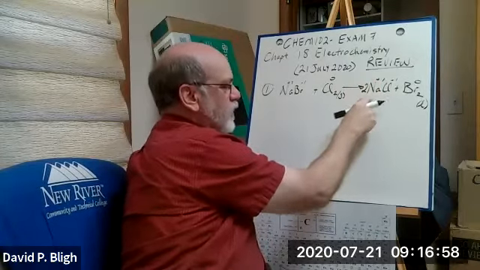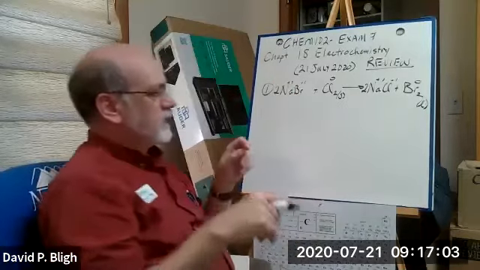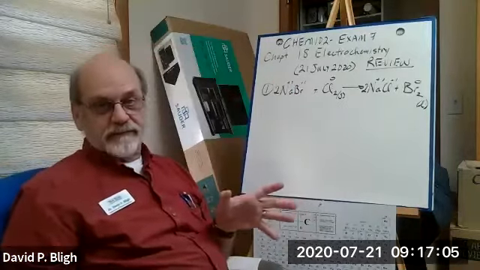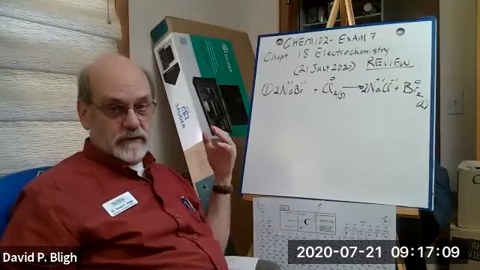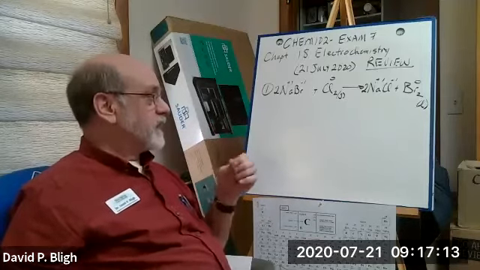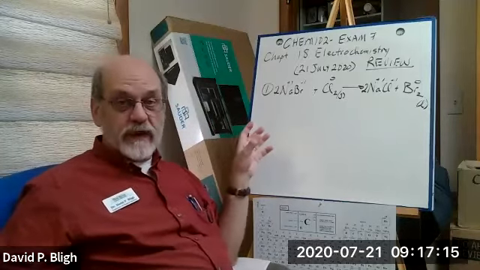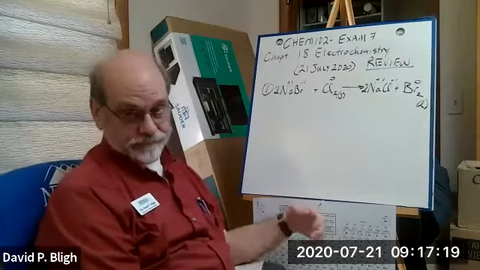So that gives you 2 chlorines, 2 bromines, and 2 sodiums. And that's balanced. So we didn't have to do half reactions to balance the equation. You can if you want, but it needs to be balanced before we can answer the question.